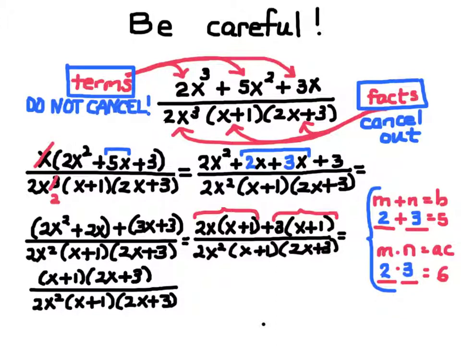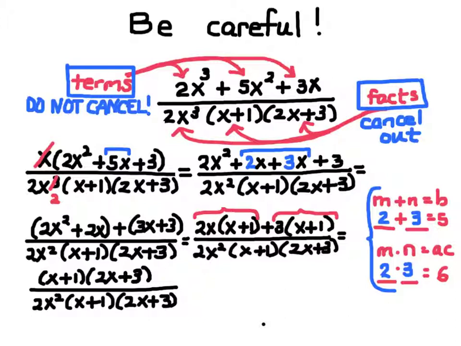So there's our denominator. And here now, if you look at this, the numerator is the product of two factors, x plus 1 times 2x plus 3. And the denominator is the product of three factors. 2x squared is multiplied by x plus 1, which is multiplied by 2x plus 3. Now we can cancel out factors.